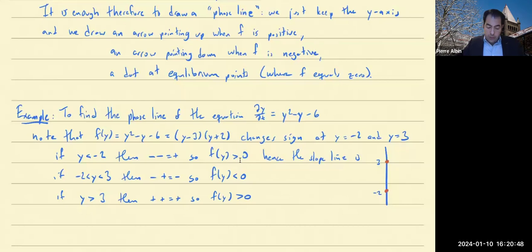And then let's see, below minus 2, we got f positive, so we have arrows going up. In between, f is negative, so we have arrows going down. And then greater than 3, f is positive, so we have arrows going up. Right? So this is the slope line. And the phase diagram, the slope diagram would just be the plane with this repeated over and over.